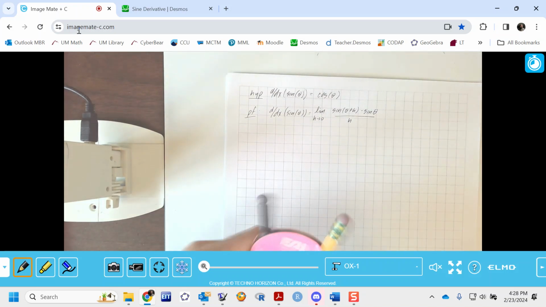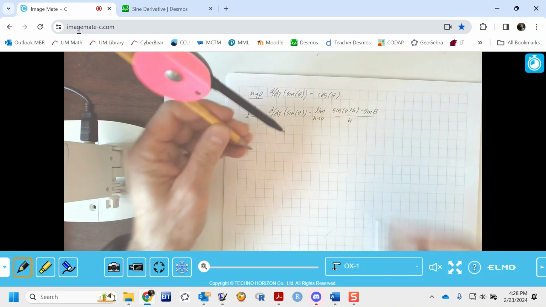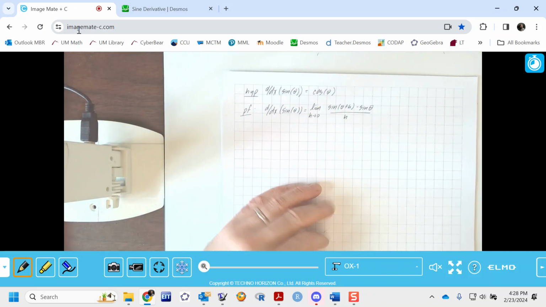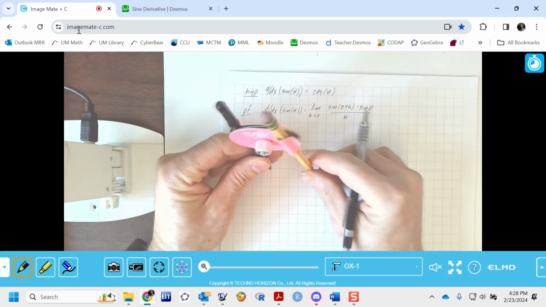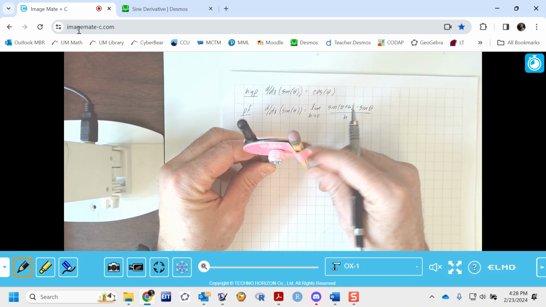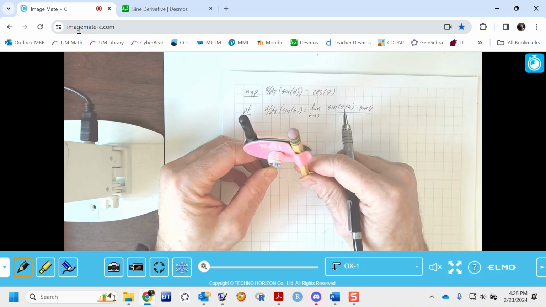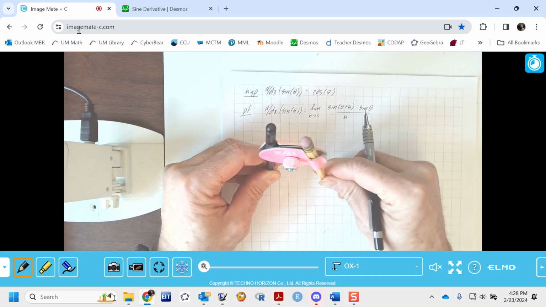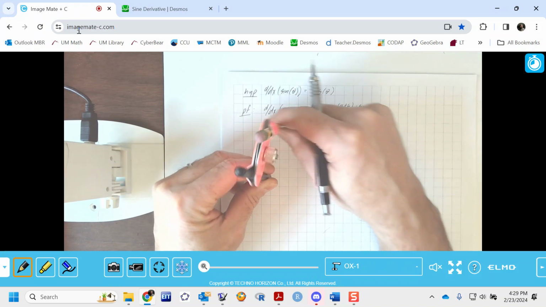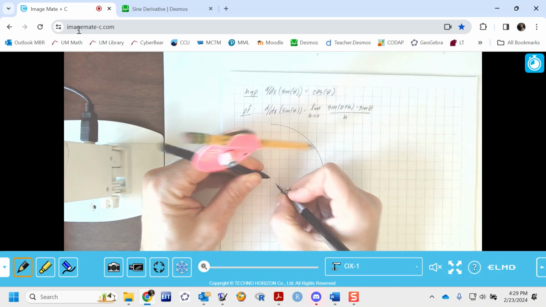So I'm going to go ahead and draw it. We're just going to draw an arbitrary angle theta on the unit circle. I'm going to draw it just in the first quadrant, but we'll assume it's a piece of the unit circle. I want to draw it big enough so you can see it. Okay, so this is the unit circle.